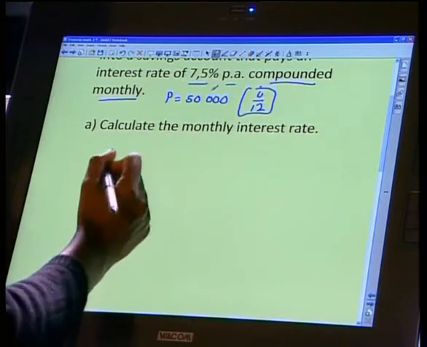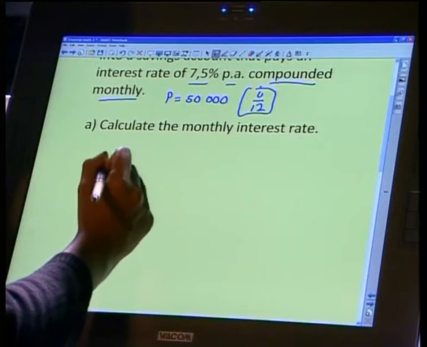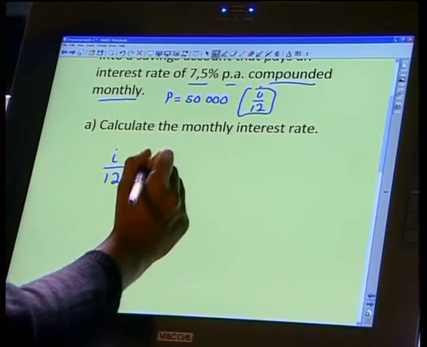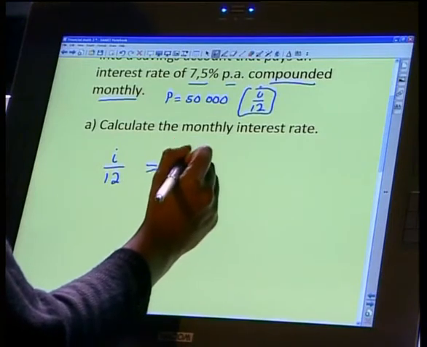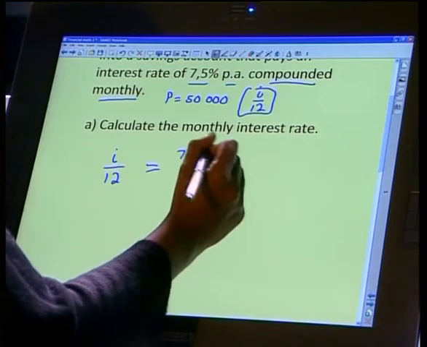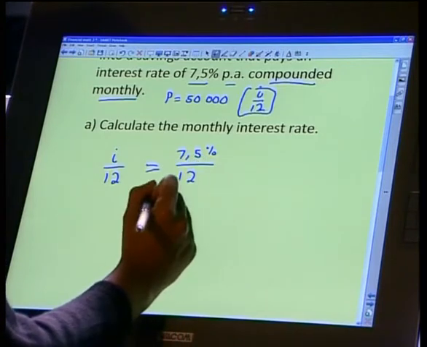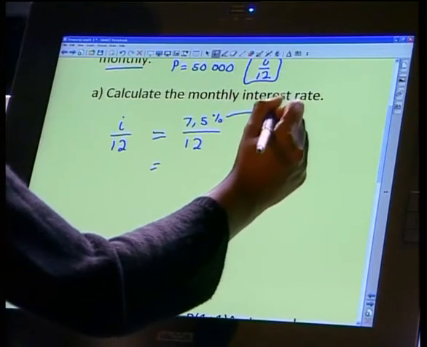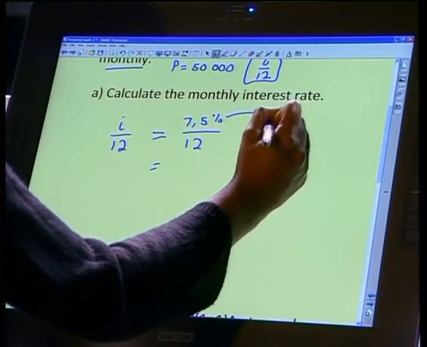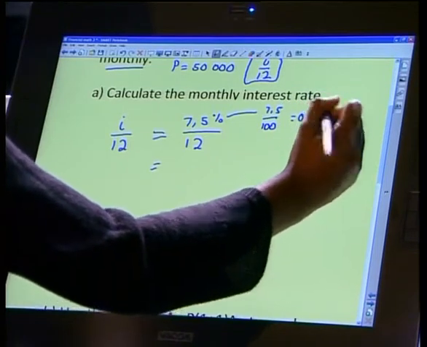We have to take the stated interest rate, which is 7.5% per annum, and divide that by the number of compounding periods. So 7.5%, we're going to divide that by the number of compoundings, which is 12. 7.5% is the same as 7.5 over 100, which is 0.075.